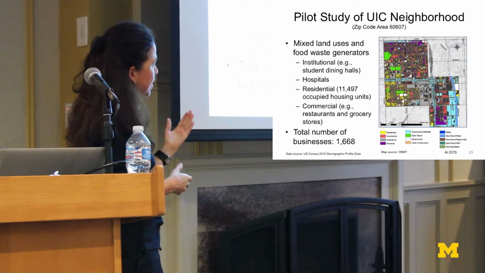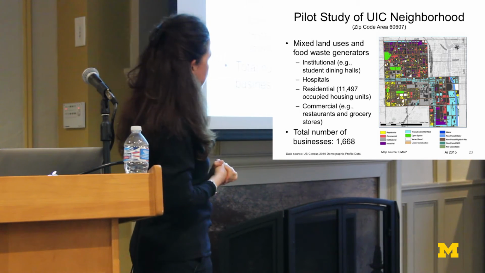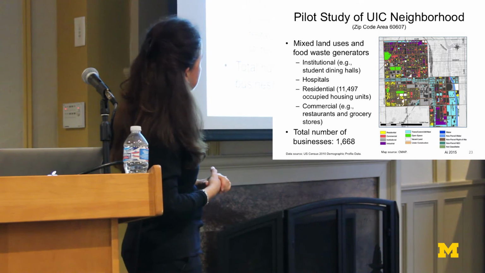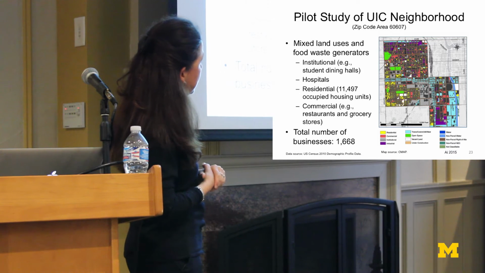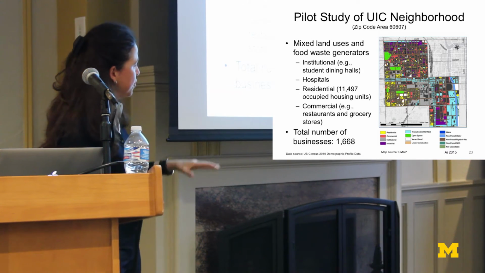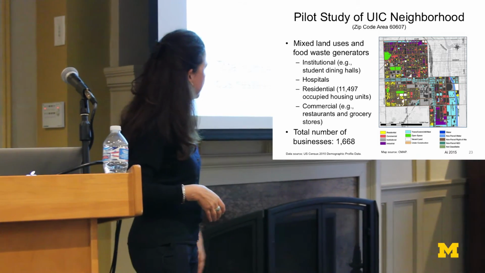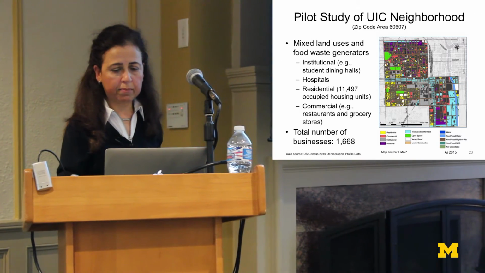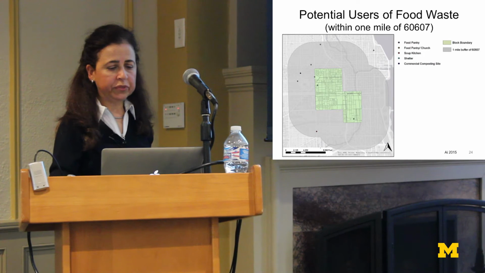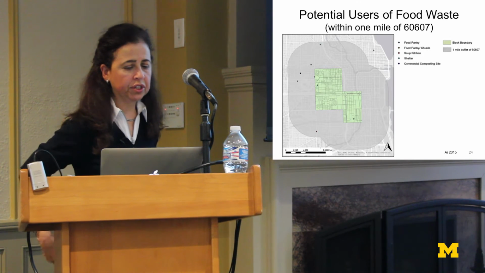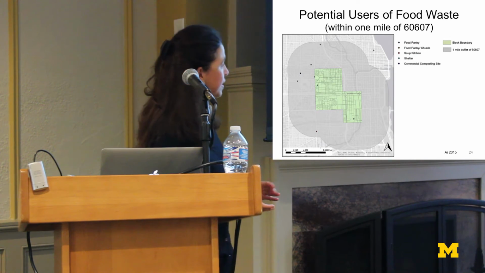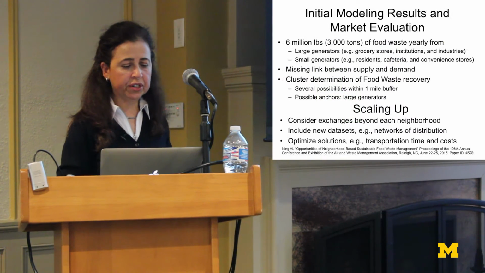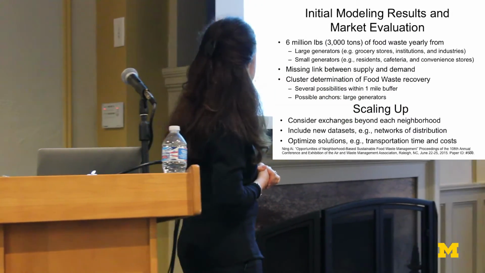It's not the case that you can go to a server and get all of this data, unfortunately. But anyway, this is the zip code area at UIC, and as you see, it has an enormous number of businesses, and she performed this pilot study. Then she looked at potential users within the same area, and these are the initial results that she got.